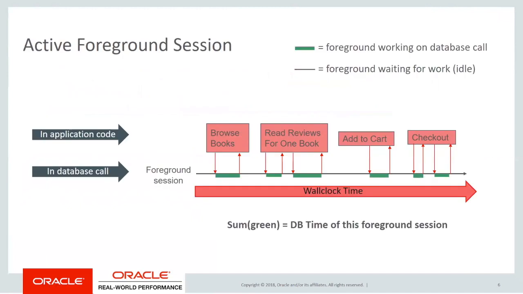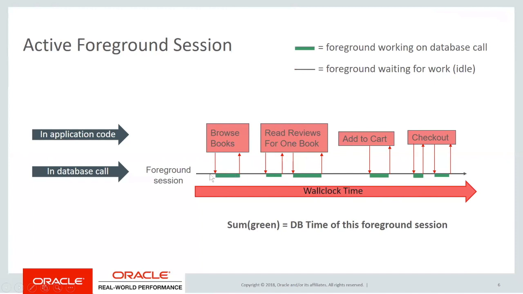So visualizing this, here I'm depicting one foreground session that, time-wise, going from left to right, is servicing a couple of database calls that are issued by the application code. So the browse book module might issue a query, it retrieves a couple of books back. Then further on in the application, you might go down into the database to retrieve the reviews of a book. So at these points where I have the green bar here, database time is being accumulated.